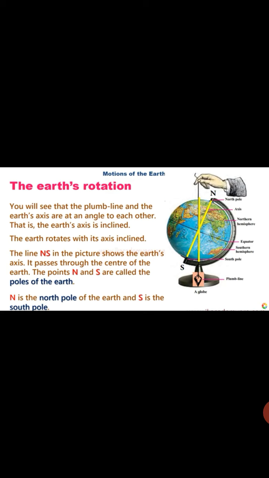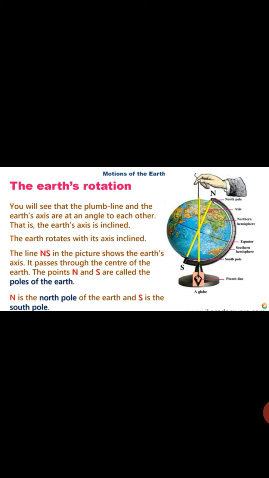Now what is the meaning of incline? Incline means it is slanting, it is not straight. A plumb line is a straight line, whereas the axis is the imaginary line around which an object moves.